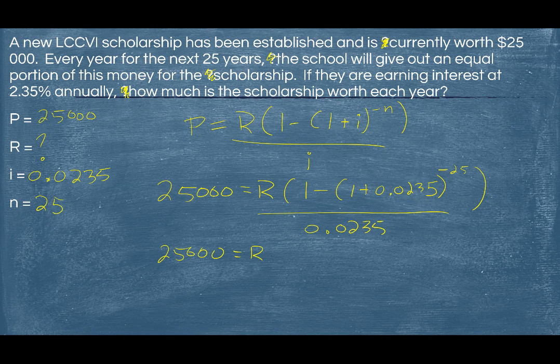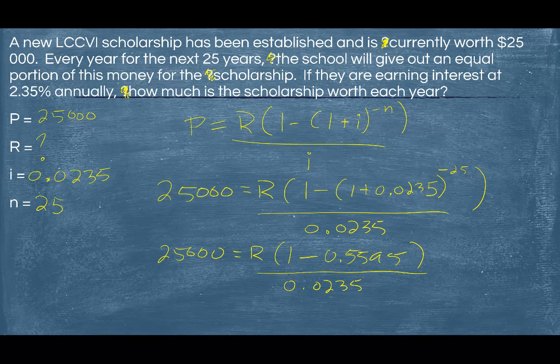25000 equals R bracket 1 minus, and I've worked all that out there to be 0.5595. And then I have to divide the whole thing by 0.0235. All right. So I go 1 minus 0.5595 equals, and it's 0.4405.